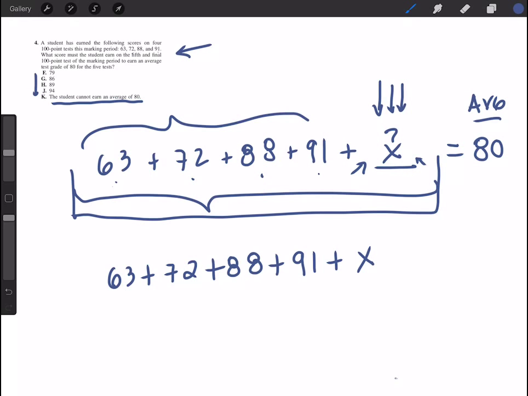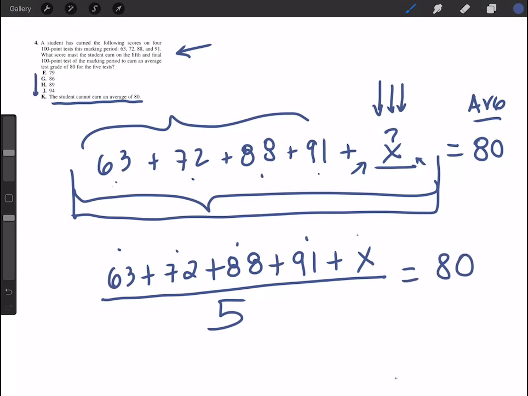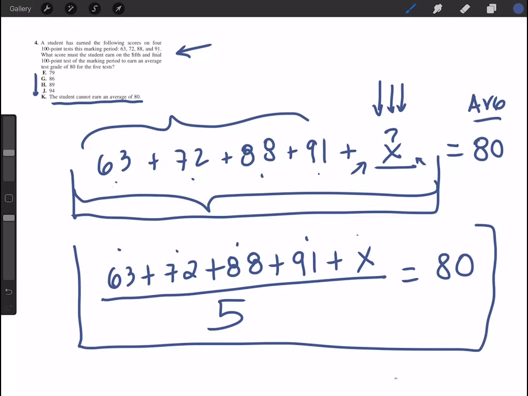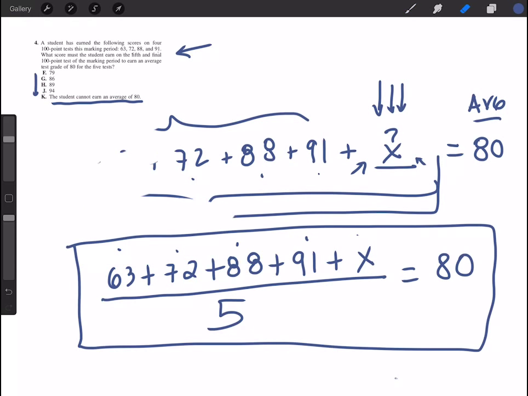Now we know that these scores plus x, which is the unknown value, divided by how many values are we using? 1, 2, 3, 4, 5. So divided by 5 should be equal to 80. And this is an equation that we can now solve.